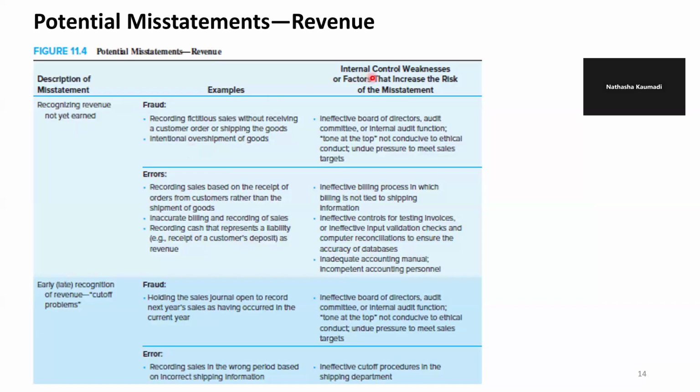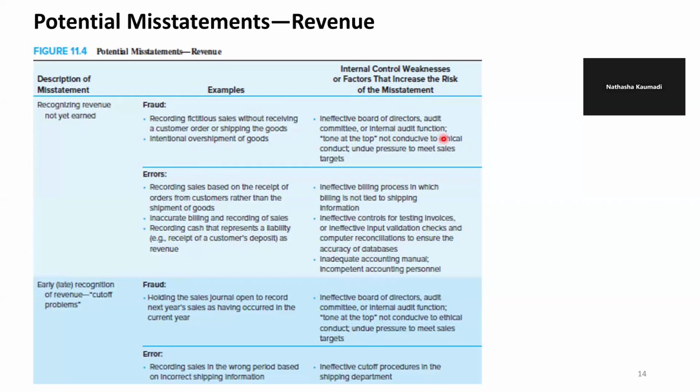So, internal control weaknesses or factors that increase the risk of material misstatement. How can these frauds happen? What are the internal control weaknesses? Now, if the company has good internal controls, these frauds cannot happen, right? There's less chance of these frauds happening. So why? What are the factors affecting this? Maybe an ineffective board of directors, audit committee, or internal audit function. Maybe they are not doing their job very well.